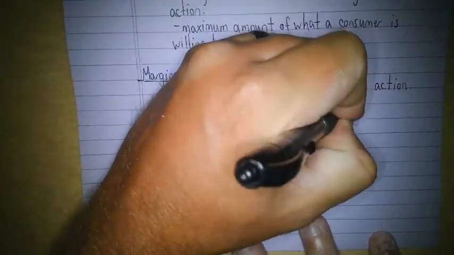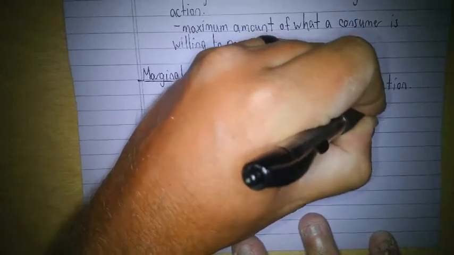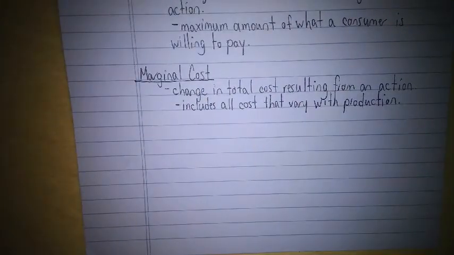And I'll explain what I mean by that here in a second. So, let's say that it costs me, okay, let me think. Let me put this in an example that you guys will understand.